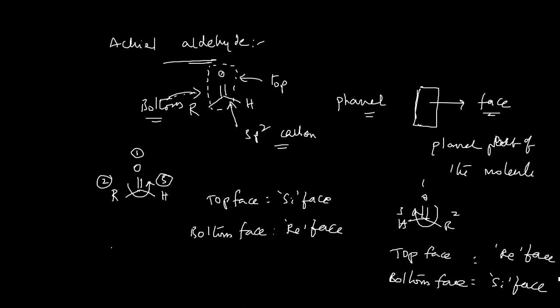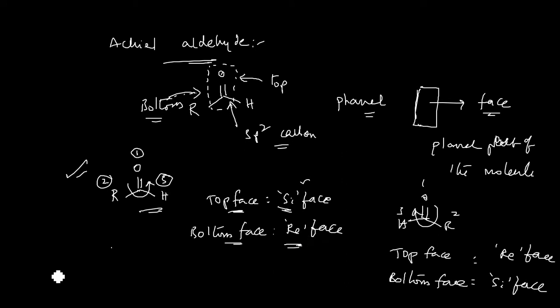So this is one starting material, the aldehyde. How many faces does the aldehyde have? There are two faces, top and bottom. Consider this molecule: its top face is the Si face, so you should not call it the top face, you have to call it the Si face. And if you want to call the bottom face, you have to call it the Re face.